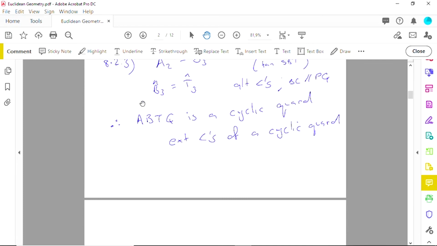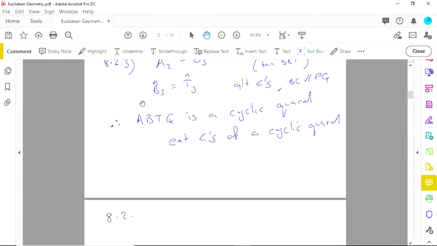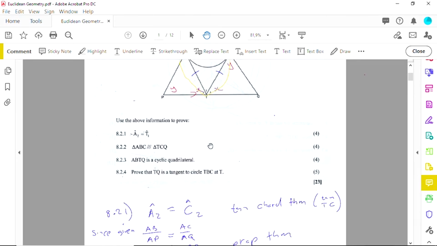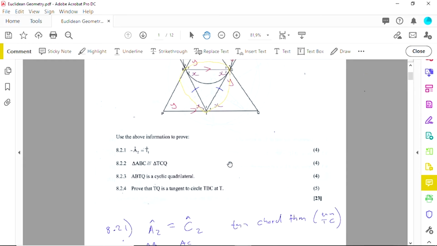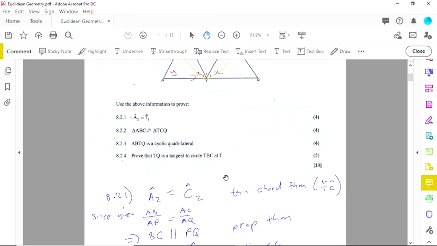So let's go for 8.8.2.4. We want to prove that TQ is a tangent. Now, what have we written down?